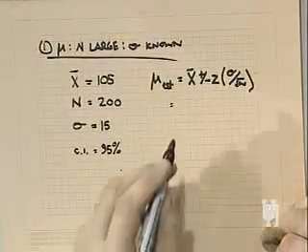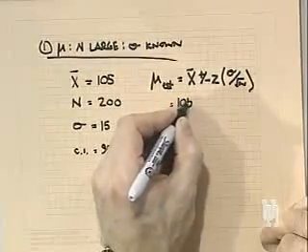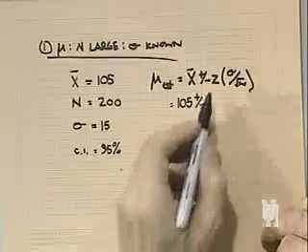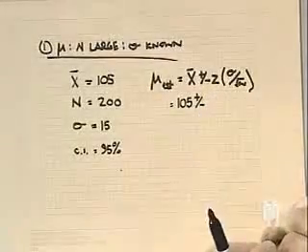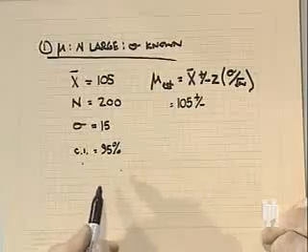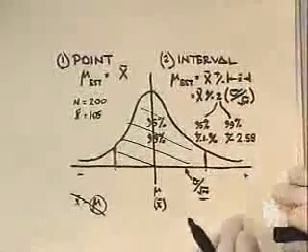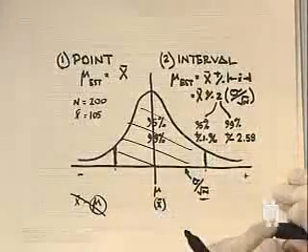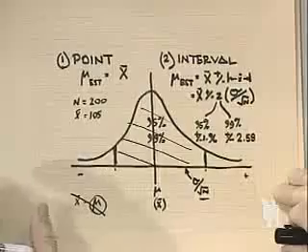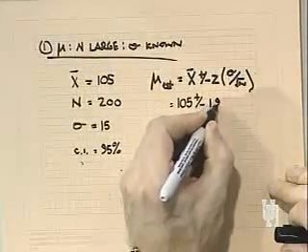Your estimate of mu would be x bar, the sample mean, which is 105, plus and minus the z-score, which is a function of the confidence level. And since the confidence level is 95%, we decided that we would have to go out 1.96 standard deviations in both directions from the mean. So the z-score here is 1.96.